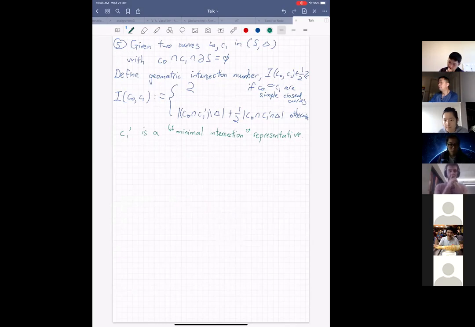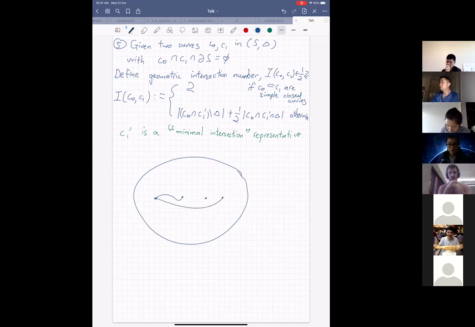For example, let me see. Okay, let me draw it out. I want more information. So, for example, this curve and this curve. Okay, let me draw another example here.